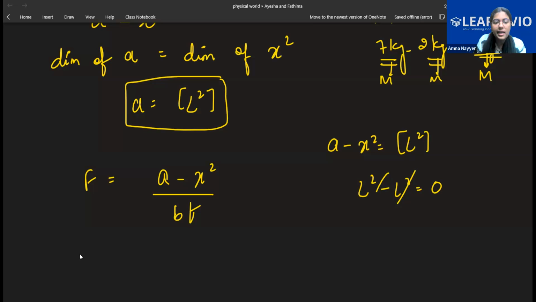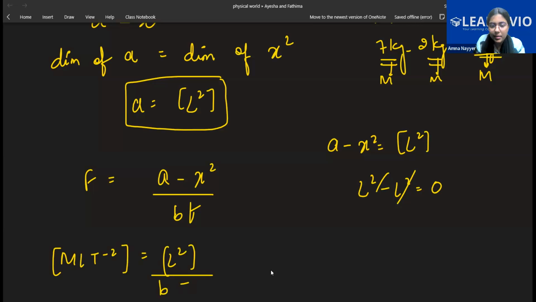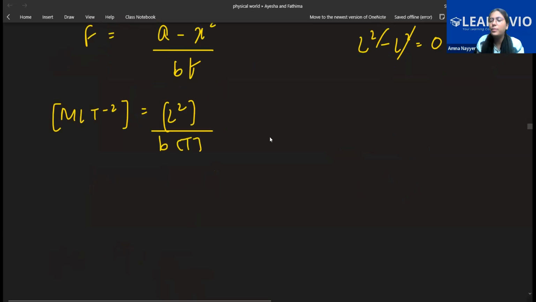So force is MLT to the power minus 2. A minus x square is L square, divided by B. Now time is simply T. So for addition and subtraction, you just had to be careful. Now you can simply multiply and divide.